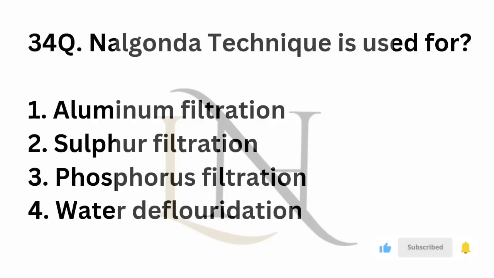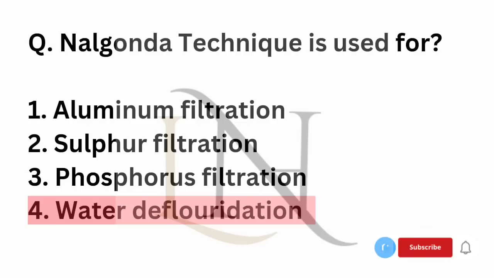Nalgonda technique is used for option 1 aluminum filtration, option 2 sulfur filtration, option 3 phosphorus filtration, option 4 water defluoridation. Correct answer option 4 water defluoridation is used in Nalgonda technique. Next MCQ.